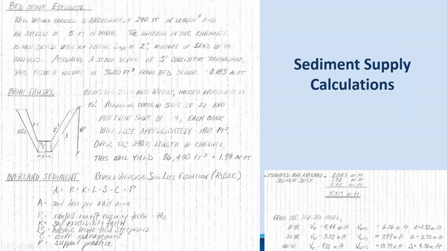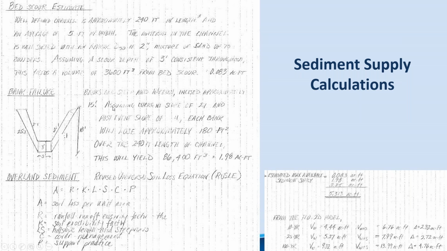Now, if you scour the bed down 3 feet here, then you're going to get sediment loading from bank failure. So in this case, it's assuming that the banks are relatively uniform. They're steep and narrow. You're going to wind up with an incised canyon here of about 15 feet or so.